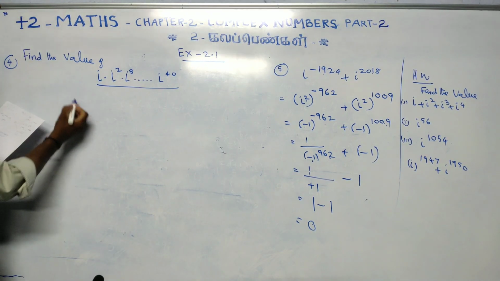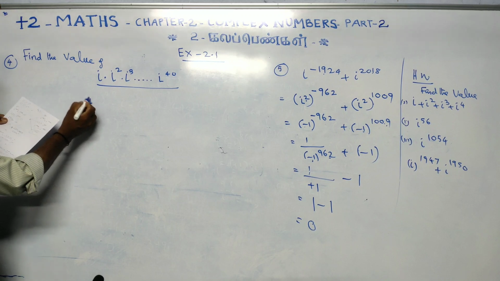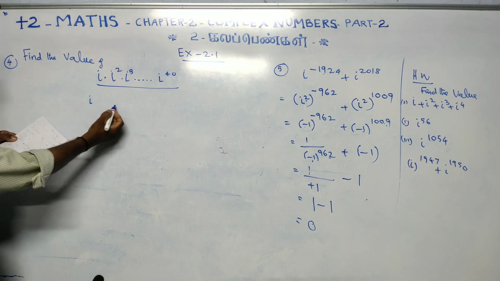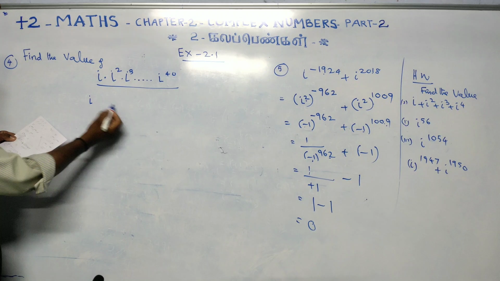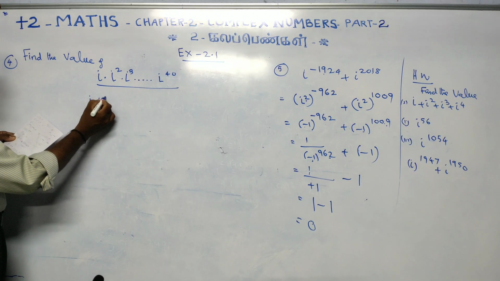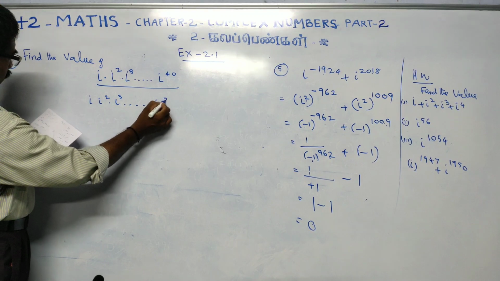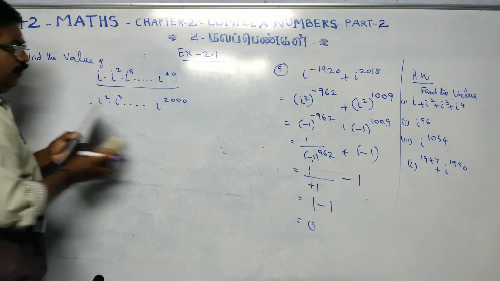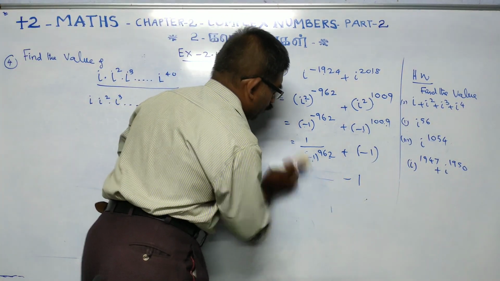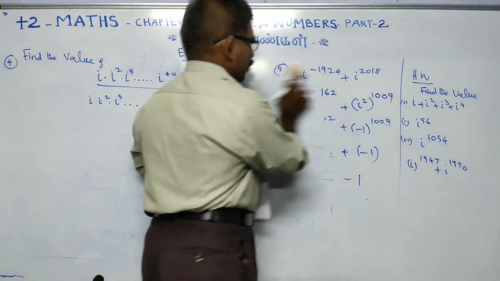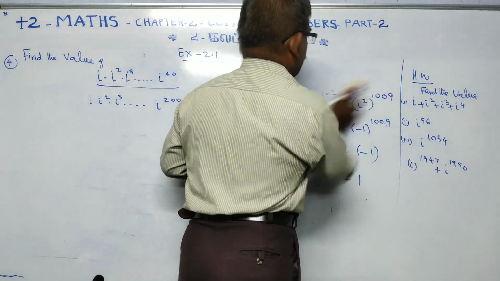Okay. Find the value of I power 2, I power 3, dot dot dot, I power 2000. Okay. I am going to do the sum. Next question, homework.